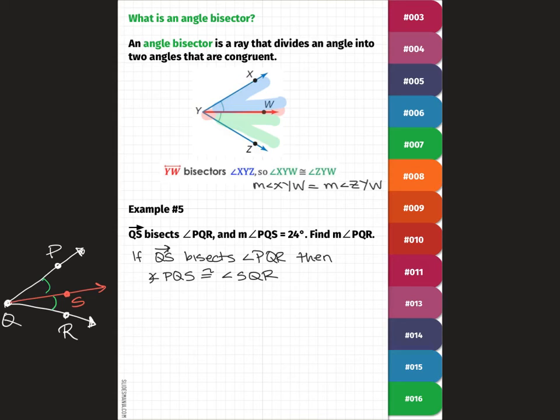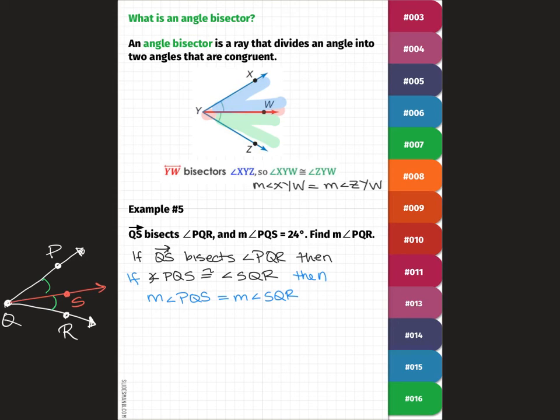So then I'm going to say if angle PQS is congruent to angle SQR, then the measure of angle PQS is equal to the measure of angle SQR.